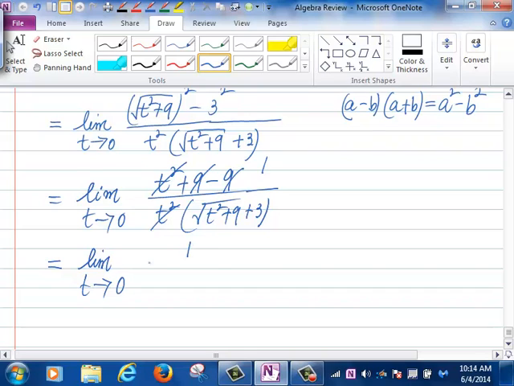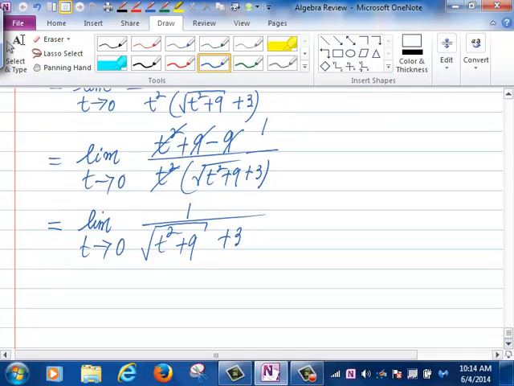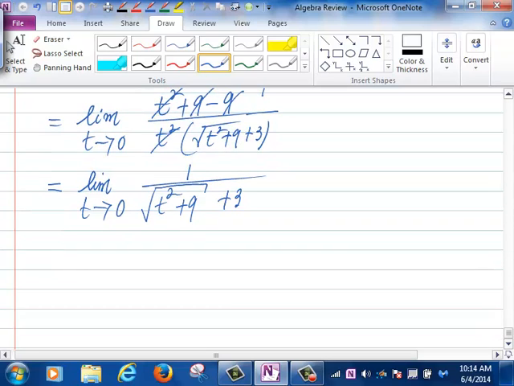So I have 1 over the square root of t squared plus 9 plus 3, and this is equal to, when I plug in 0 for t, this time I get what? 1 over 6. Very good.